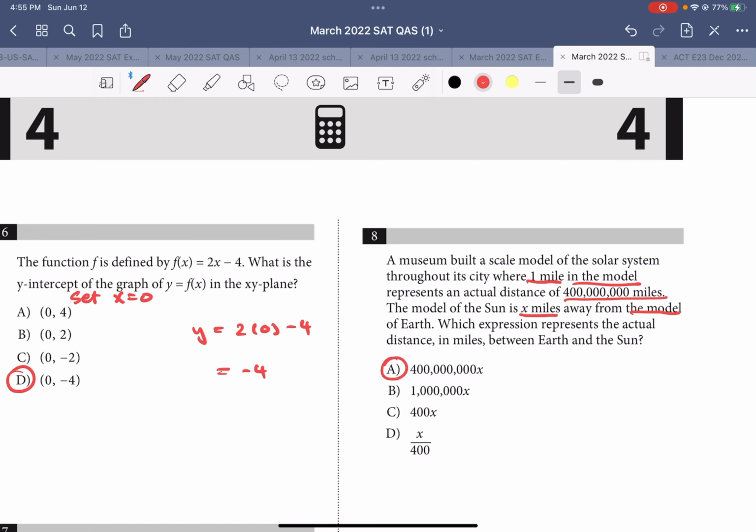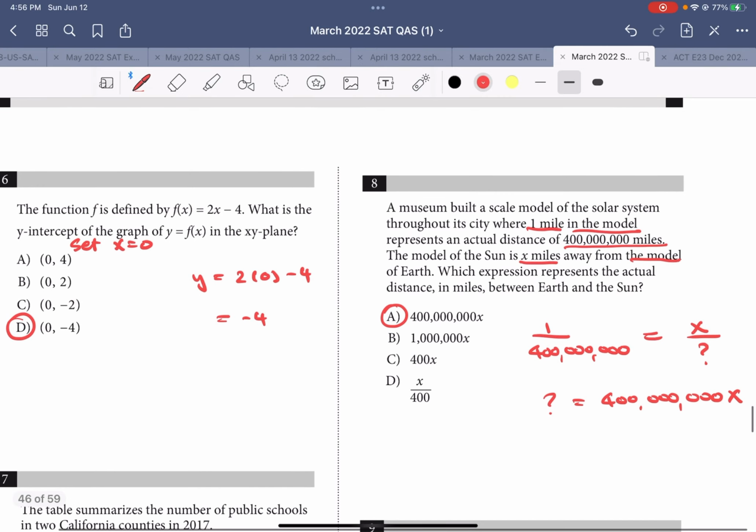If you want to make a ratio, 1 mile in the model is 400 million in actual, so x miles in the model is how much? When you cross multiply, 1 times the unknown equals 400 million x. Okay, so answer is A.